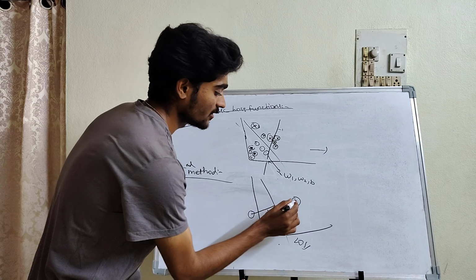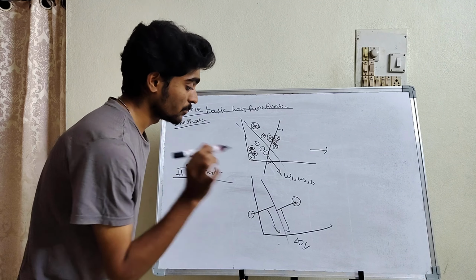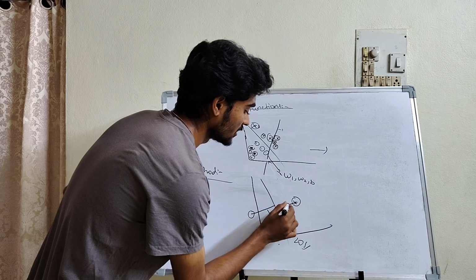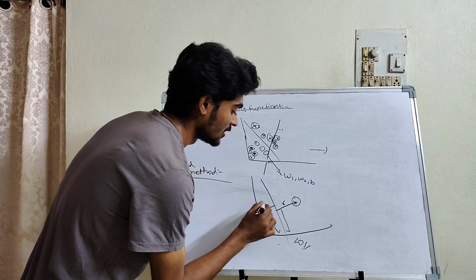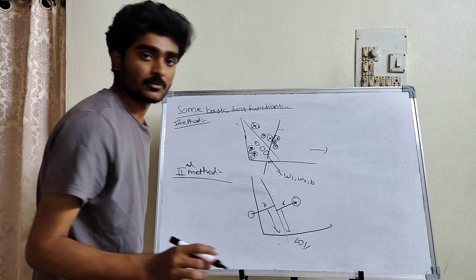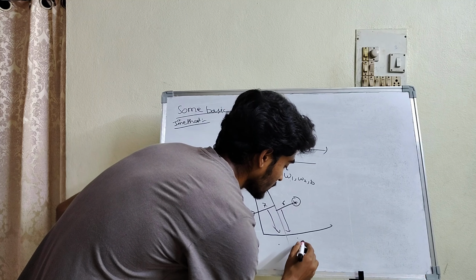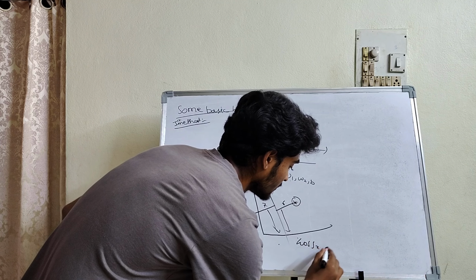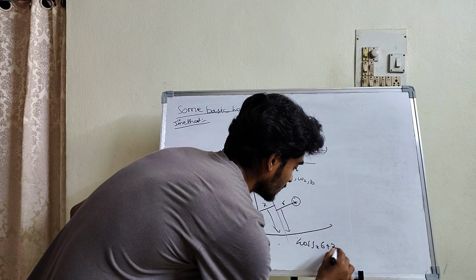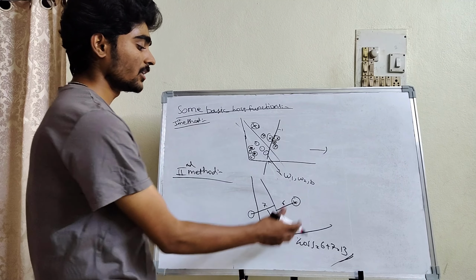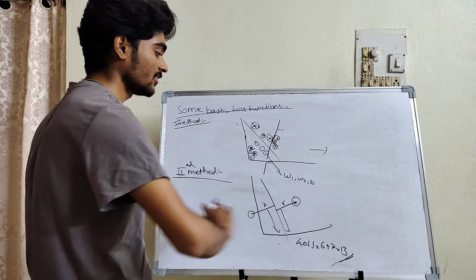Let's say there are two misclassified points, with perpendicular distances 6 and 7. Adding both, the loss is 6 plus 7, which is 13. Similarly, when you have n data points, you calculate in the same way.